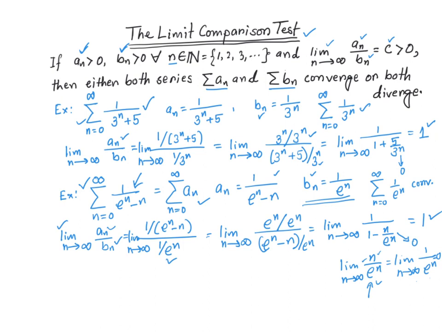If the limit as n approaches infinity of a_n over b_n is equal to c, some positive constant, then either both the series a_n and b_n converge or both of them diverge. That's what it means. It cannot be that one converges and the other diverges, or vice versa.